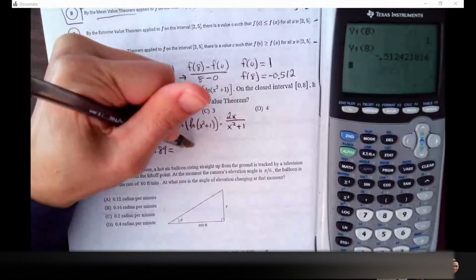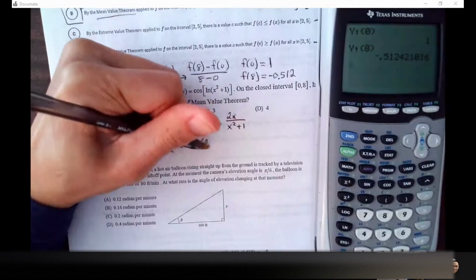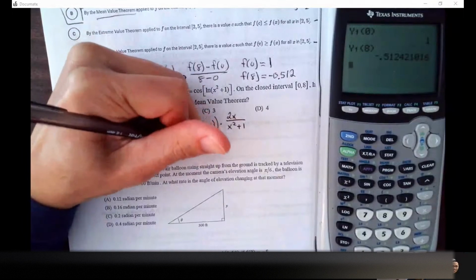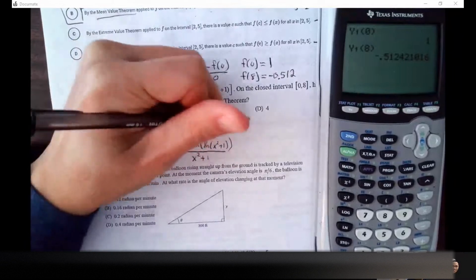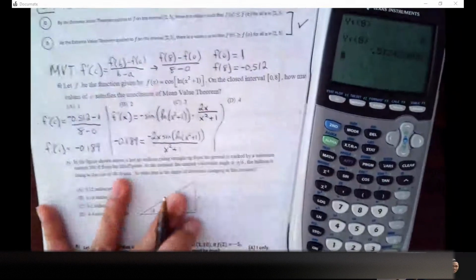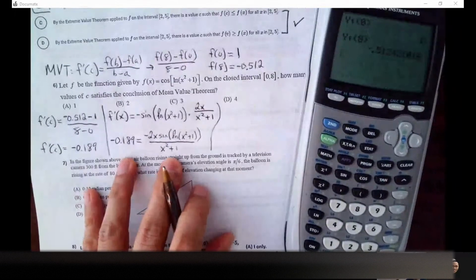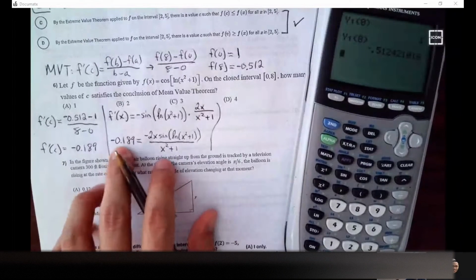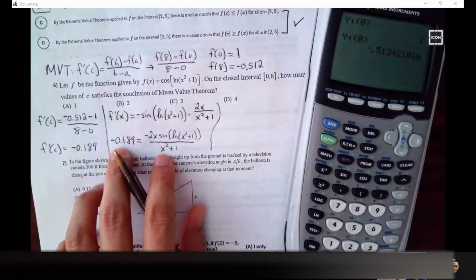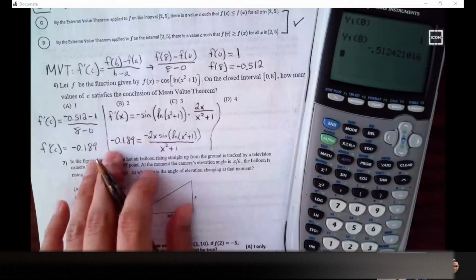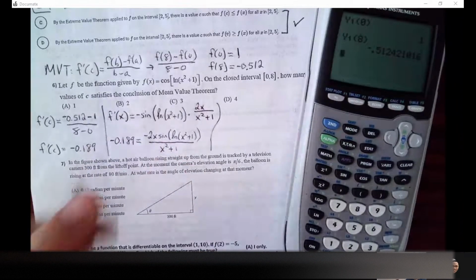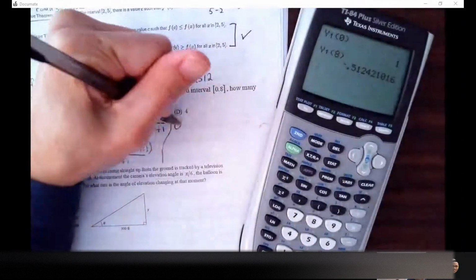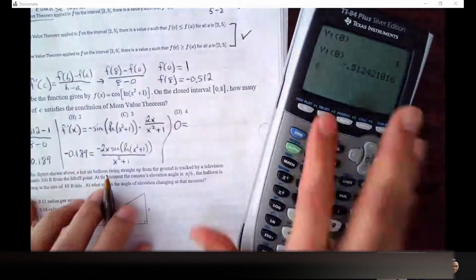Negative 2x sine of... now the easiest way to solve this messy equation is to use numsolve, but I'm also going to use a calculator. I'm going to bring everything over to one side, set equal to 0, and that way I can just graph an expression and then look for the x-intercept. So I'm just going to move that 0.189 over.